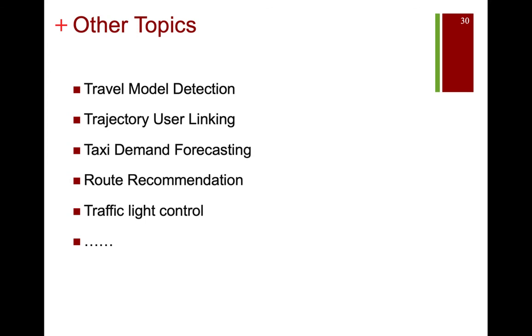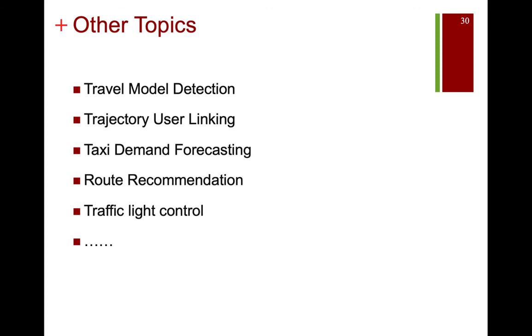For example, travel mode detection, which aims to detect the traveling mode from the user's moving trajectories and to see whether the user is taking a bus, driving, or walking. And also trajectory user linking, which tries to match the trajectory data for different users.